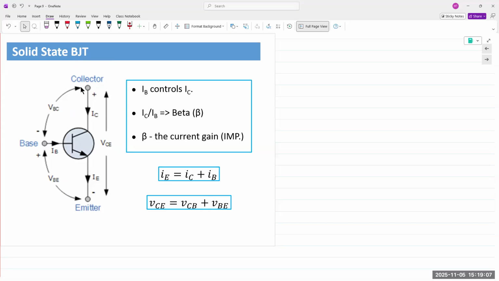And then you have IB that controls the flow of current. So you have a third terminal in there that you're applying at the base, and it controls the flow of current between the collector and emitter. Okay. As the base current increases, the collector current, what do you think happens? Increases. If it decreases, then it decreases.